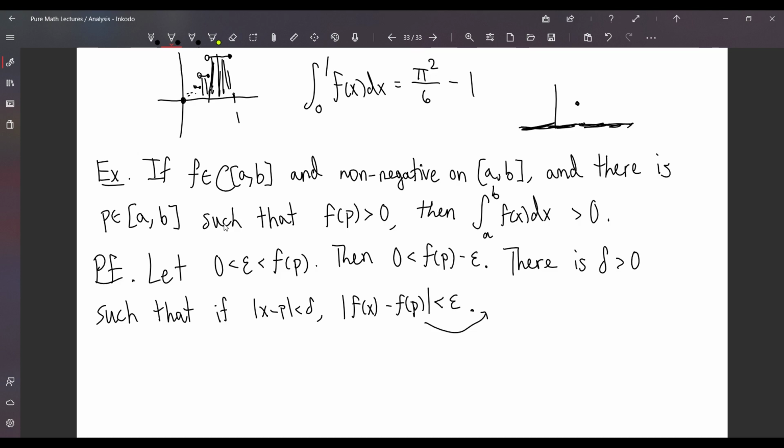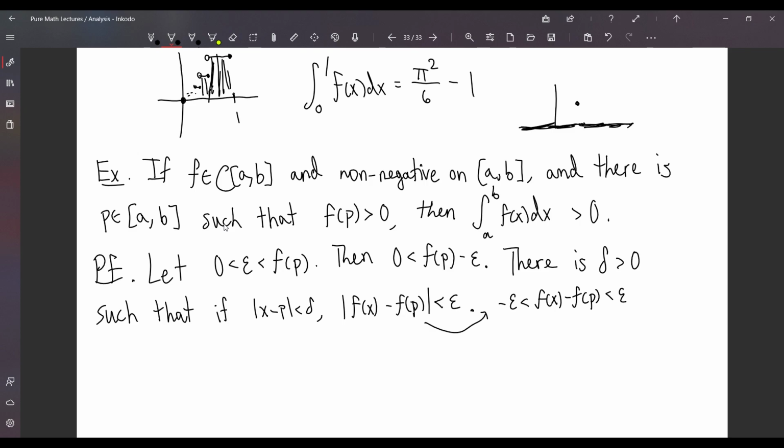And this inequality implies that minus epsilon is less than f of x minus f of p, which is less than epsilon.